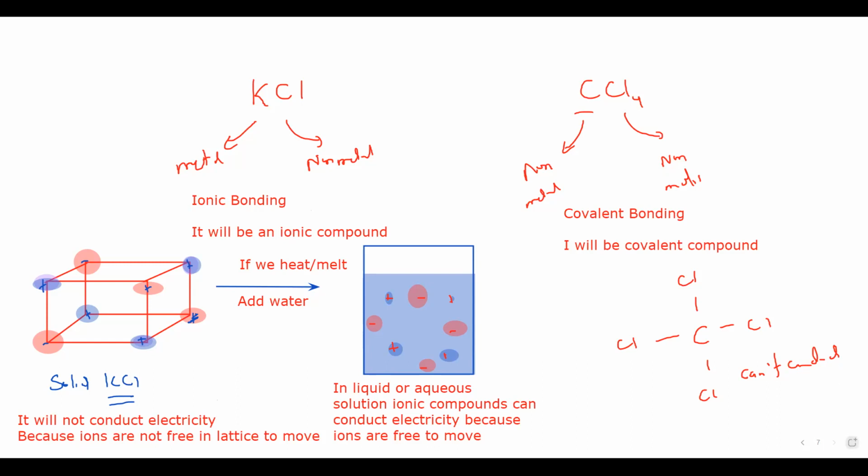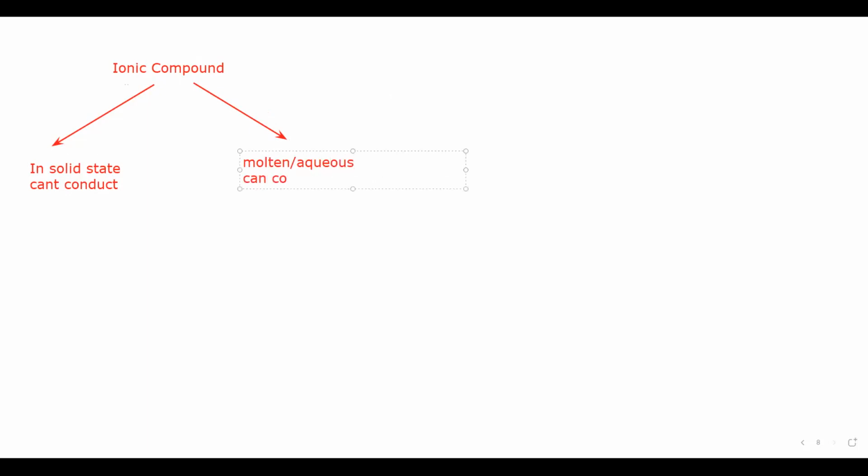So the simple thing you have to learn for ionic compounds: in solid state they cannot conduct, but in molten, meaning melted form, or in aqueous, when they are dissolved, they can conduct.